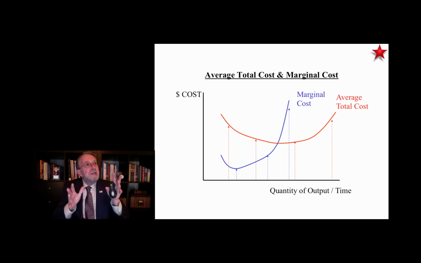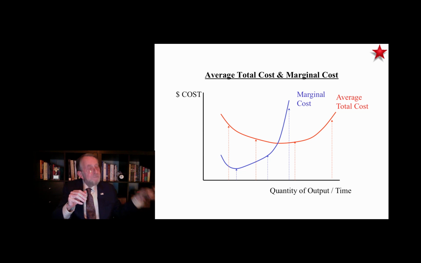The way to do it is draw the axes first, draw dollars in the vertical, so I'm measuring cost as a height, draw the rate of production or quantity on the horizontal, and then draw in the average cost curve first, just draw in a bowl-shaped curve, label it AC, average cost, or average total cost, or per unit cost. Those are all the same thing. They mean the average cost.